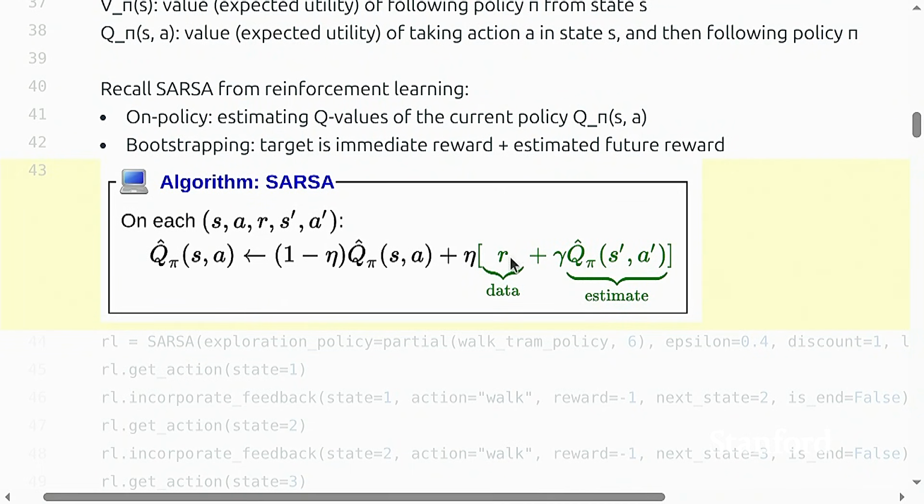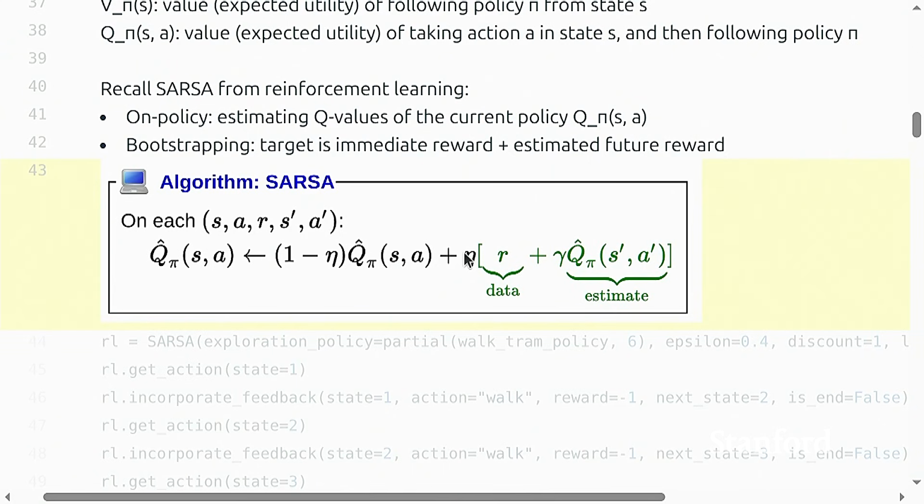So after this reward, you ended up in state S prime, and now you're taking action A prime. So that estimate sort of packages up your belief of how much reward you're going to get. Okay, and then what you're going to do is you're going to nudge Q pi of S, A, which is your current Q value estimate, in this direction by some learning rate eta. Okay, and you keep on doing this over and over again.